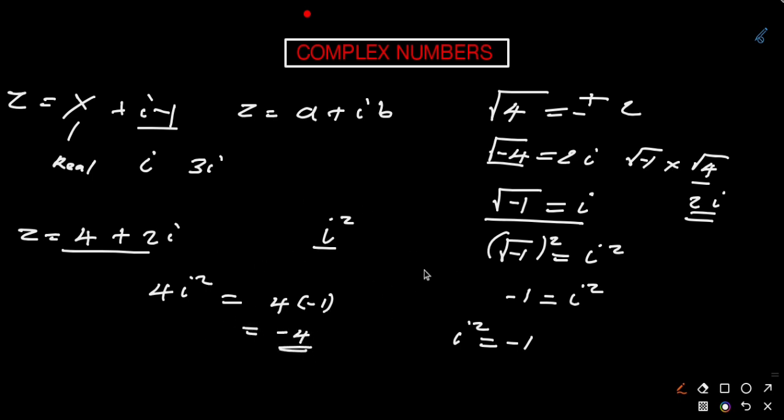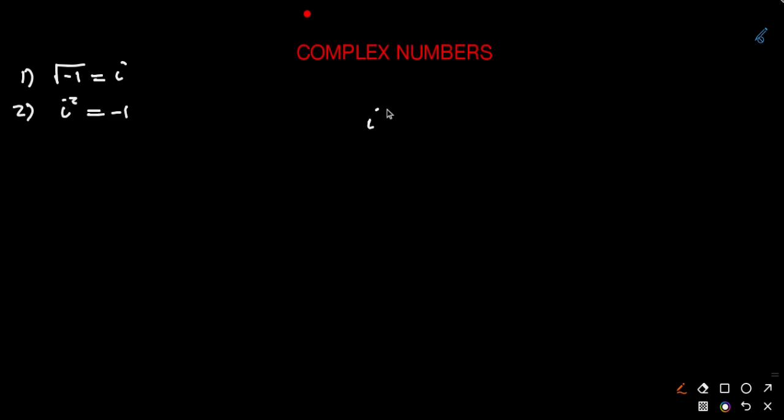Then apart from this, let me do this. Let's say, for example, the first one is root of -1 is equal to i. The second one is i squared is equal to -1. Now what about i to the power 3?